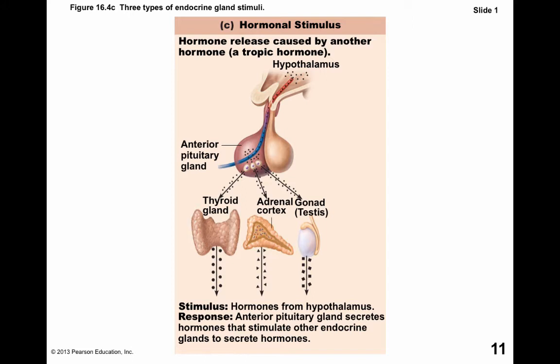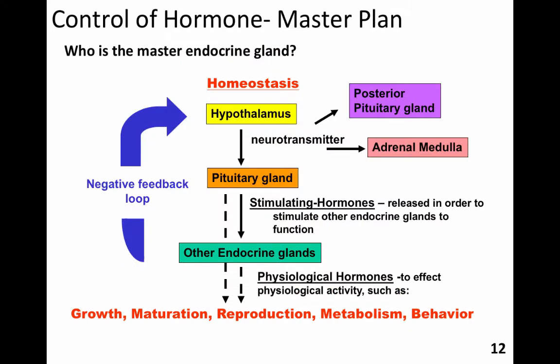There's a part of the brain called the hypothalamus that is also a big part of the endocrine system that likes to talk to the anterior pituitary gland. The hormonal stimulus, because a stimulus is what activates something, is where the hormone is actually secreted by an endocrine gland, and that is going to activate another gland somewhere else. So those are the three main types of stimulus that activate the endocrine system.